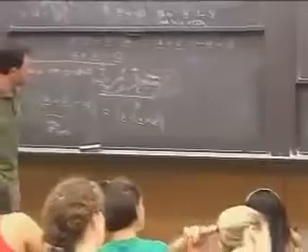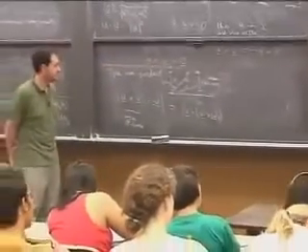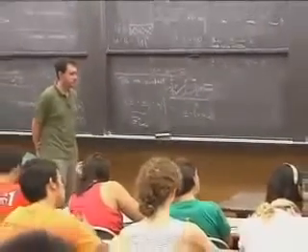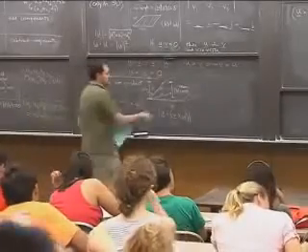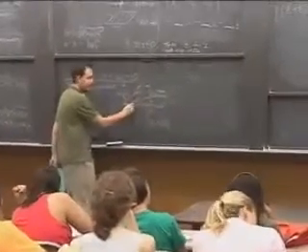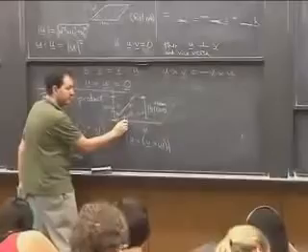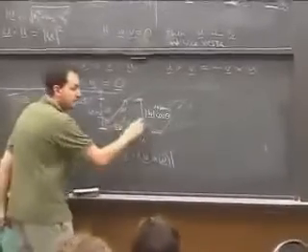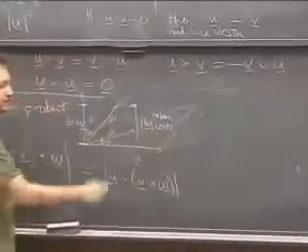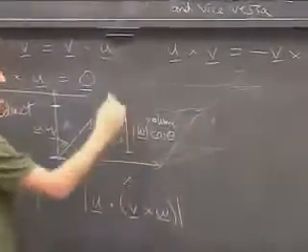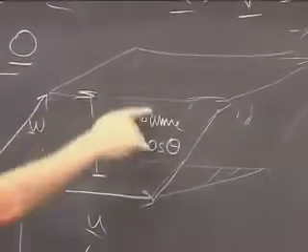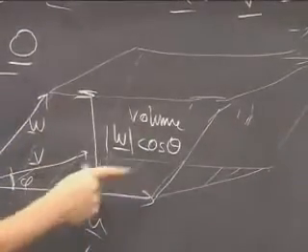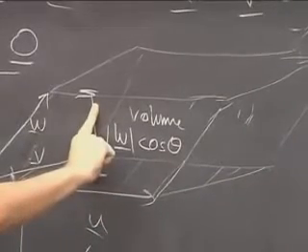I understand how the length of W times cosine of theta is the height, but why don't we have cosine theta in the U cross V? U cross V actually has a sine theta, or a sine of a different theta, call it phi, and that will give you the area of the base. And the volume of any prism type of thing, even if it's a skew prism like this, will be the base times the perpendicular height.